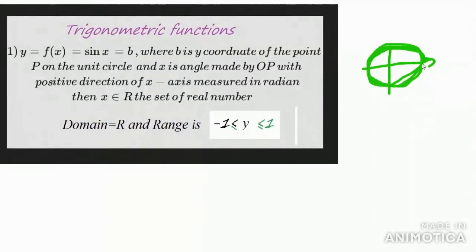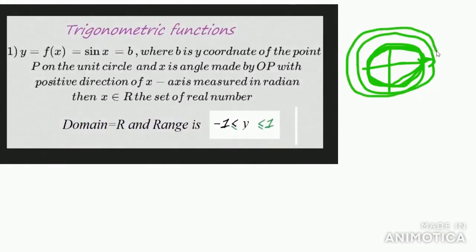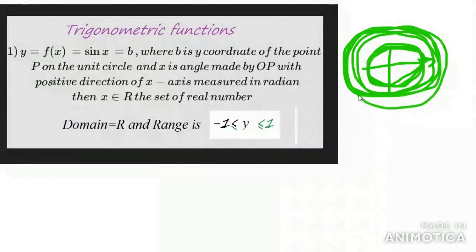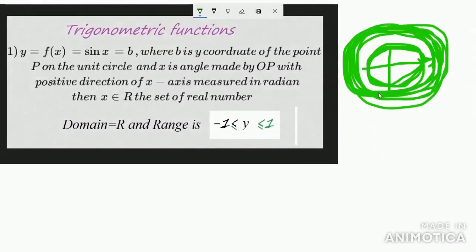If you start with this point and rotate in the clockwise direction, the angle is negative, minus 2 pi, minus 4 pi, minus 6 pi, like this, and n number of rotations can be done. If the rotation is in the clockwise direction, the angle is negative, and here it takes all real numbers.